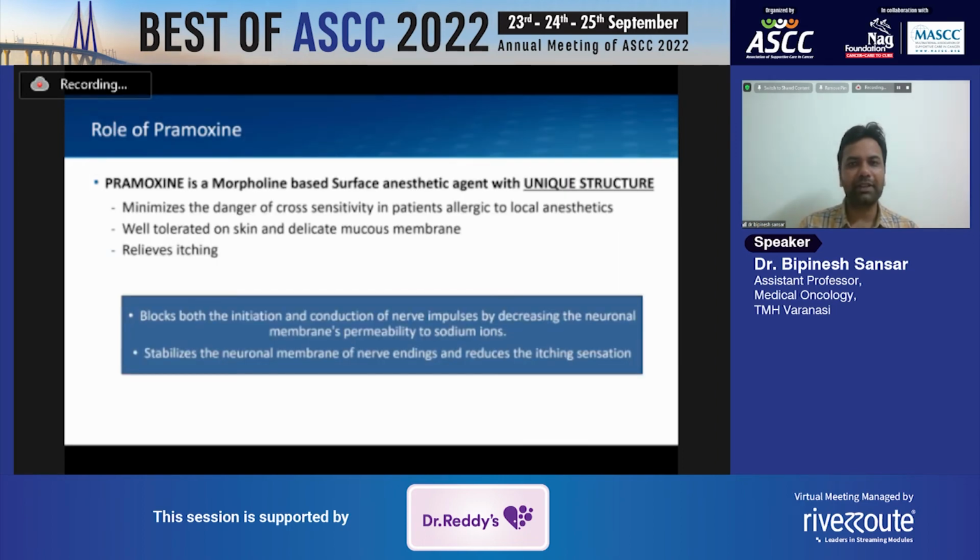Other newer agents which have been used include pramoxine, a morpholine-based surface anesthetic agent, which minimizes the danger of cross sensitivity in patients allergic to local anesthetics, relieves itching and is well tolerated. This is by stabilization of the neural membrane of nerve endings and reducing the itching sensation.